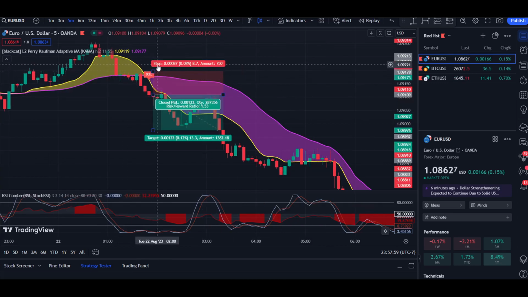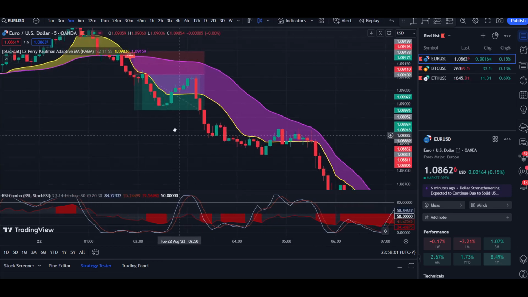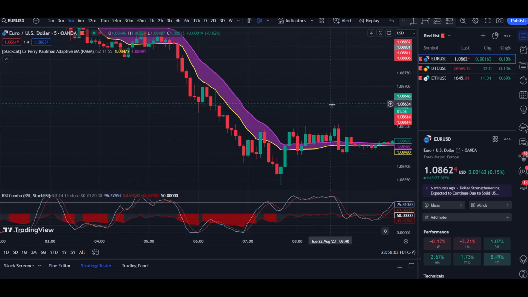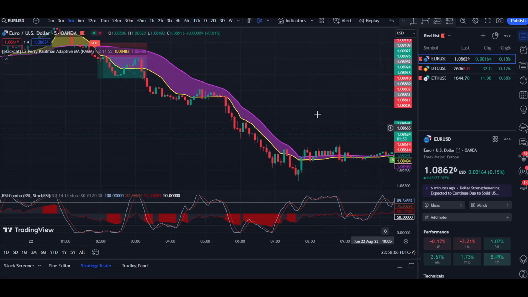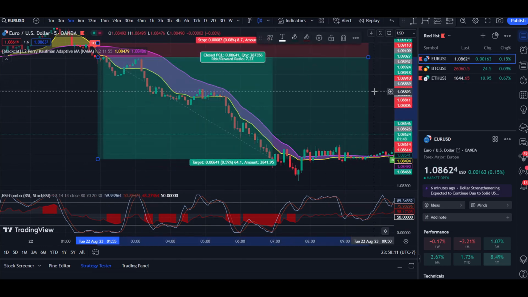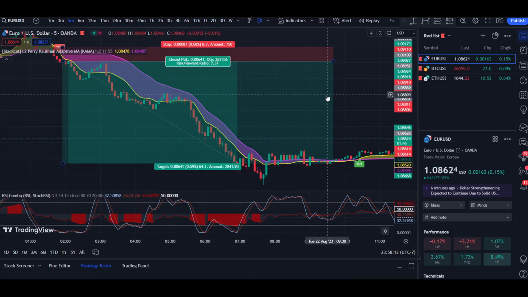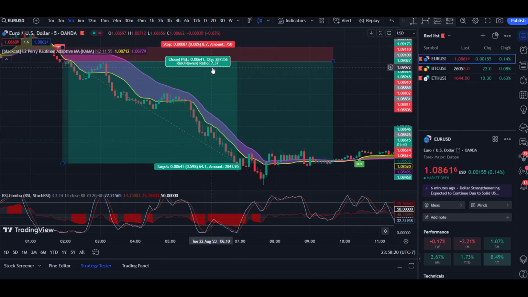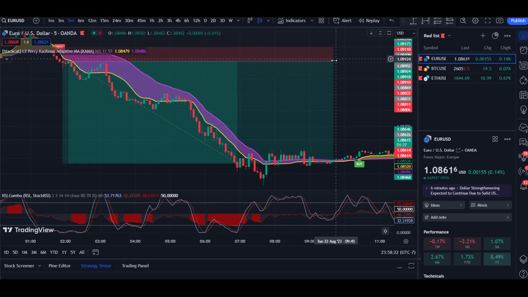After that, I move my stop loss down and I will hold the trade open until the two lines cross again. So as you can see, we had a massive winning trade on this short position. That is if you would have held on to the trade until the lines cross over again. So it's above a 7 risk reward ratio. You can get some pretty good trades out of this.